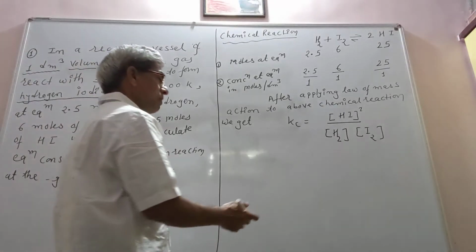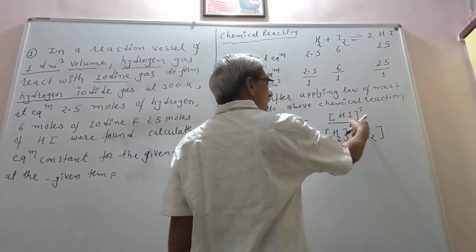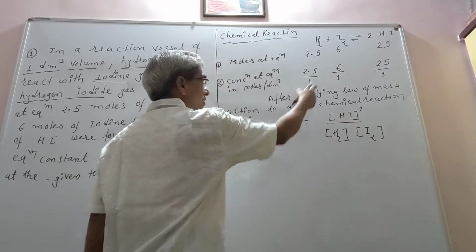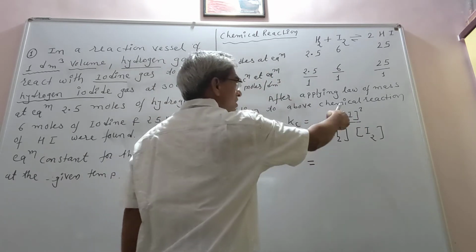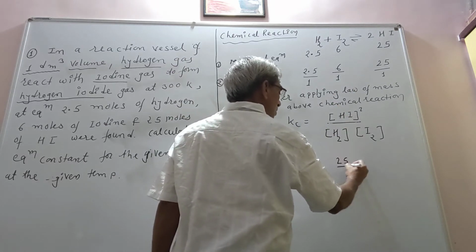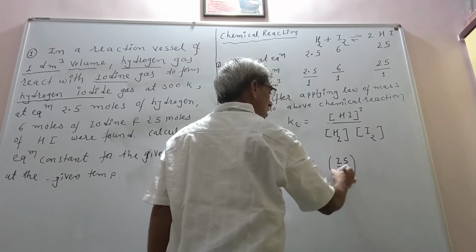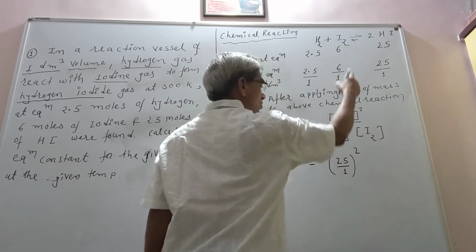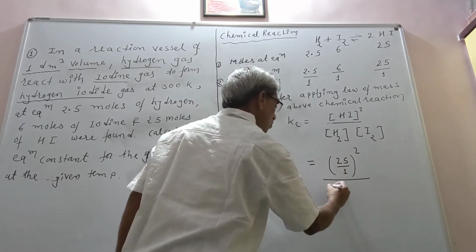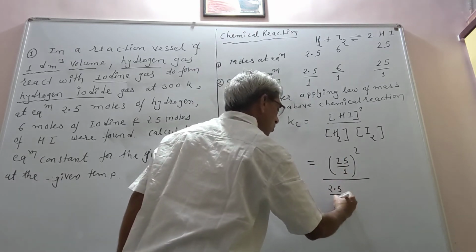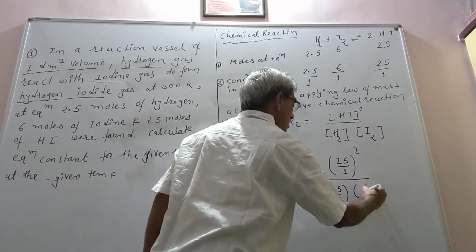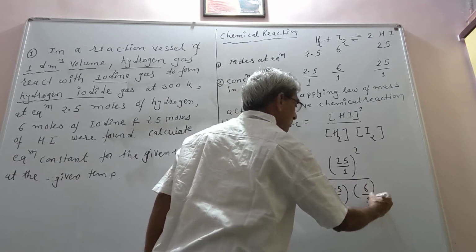Then we have the value of molar concentration at equilibrium of HI. HI concentration 25 upon 1 whole raised to 2, upon concentration of H2 2.5 upon 1, concentration of I2 6 upon 1.